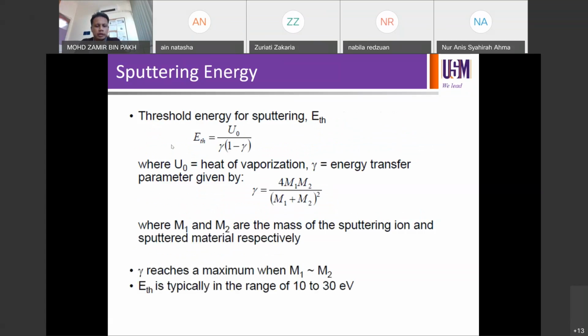So you need a certain minimum threshold energy to enable the deposition. This is the equation for the energy transfer parameter given by the mass of the sputtering ion and the mass of the material, M1 and M2. You can do the calculation depending on the type of material that you want to deposit.